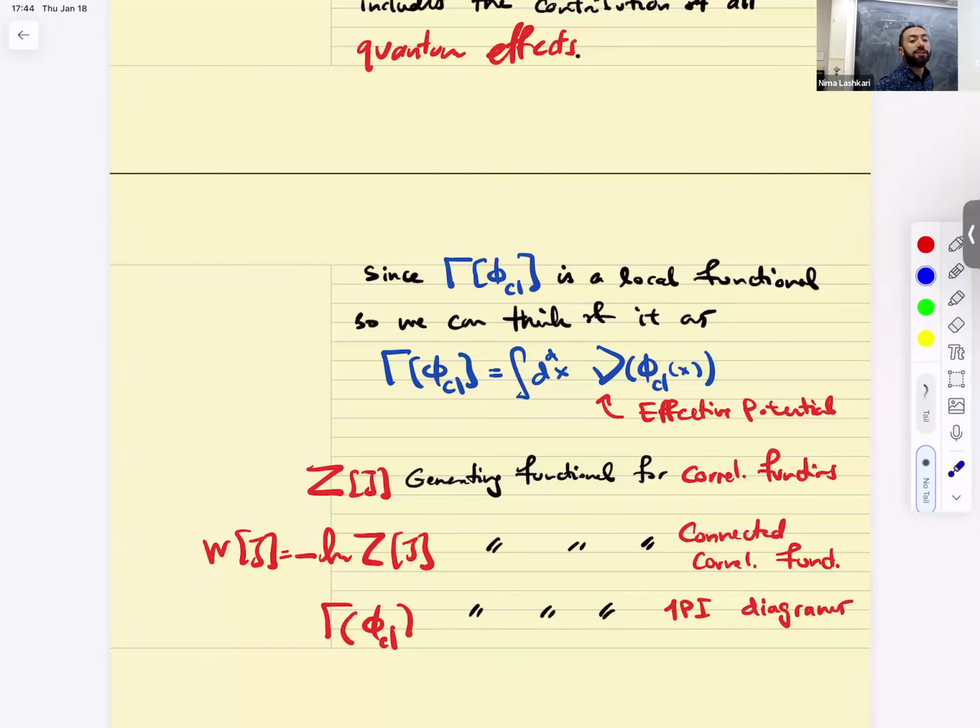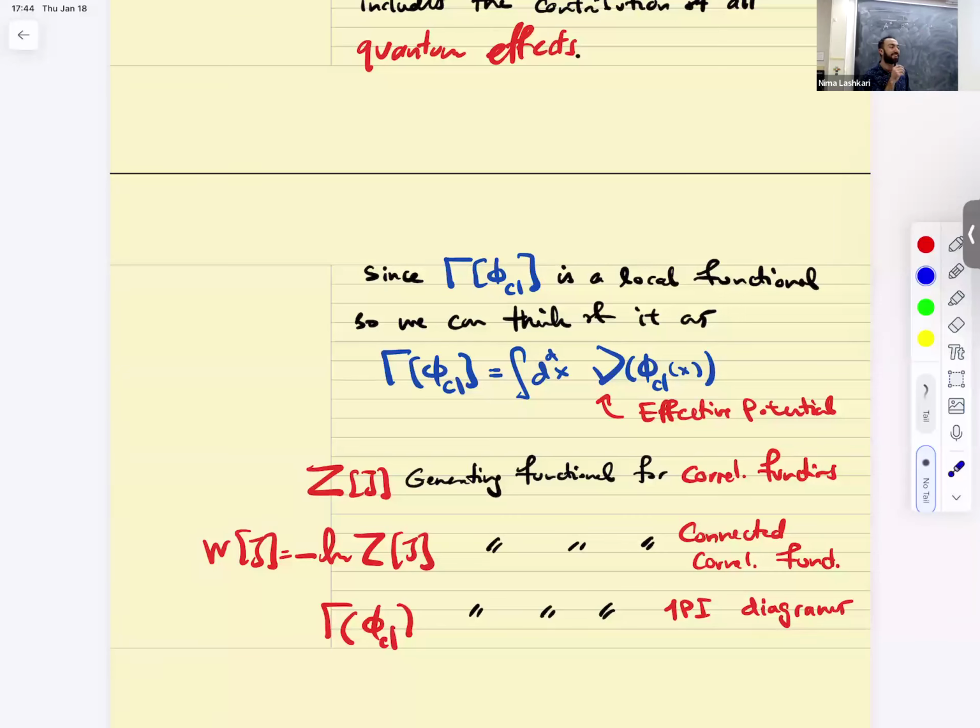A question of terminology. Why do you call it the effective potential, not something like the effective Lagrangian? I don't know. I really don't know. Effective Lagrangian is kept for something else.